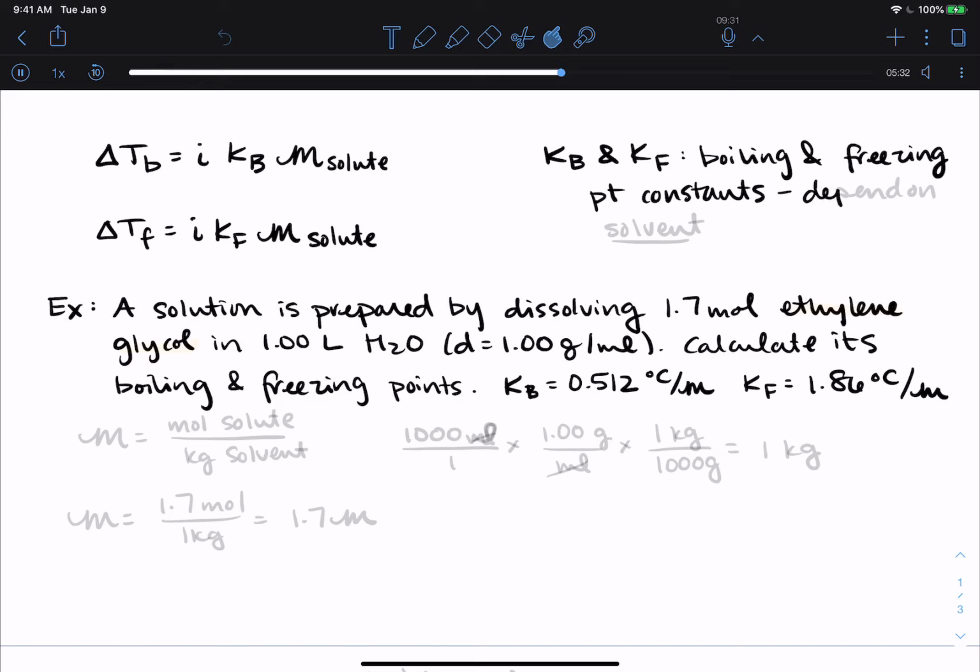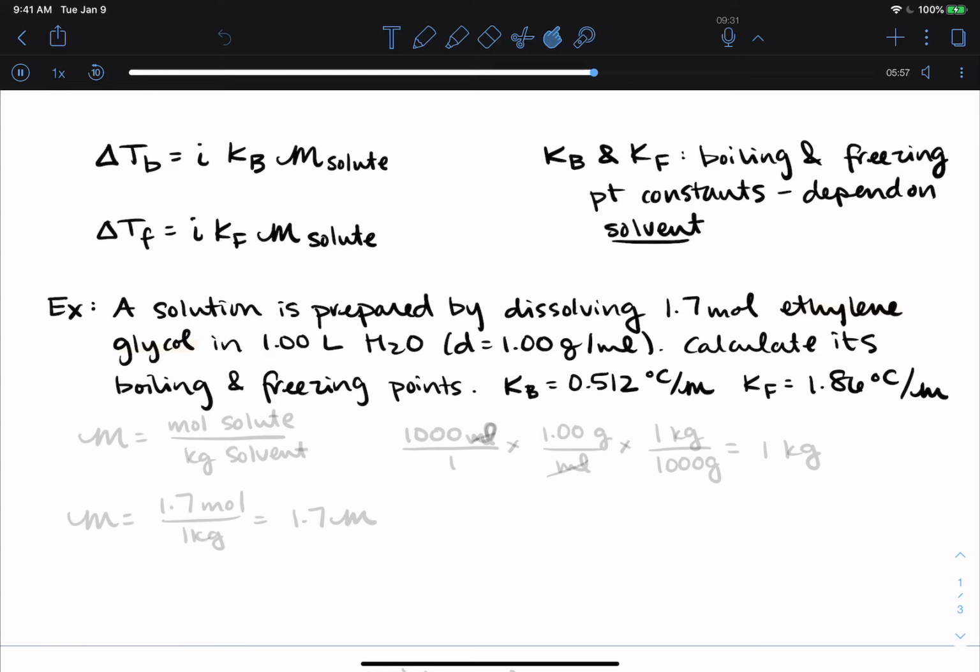These depend on the solvent. So there will be a value for water. There will be a value for any other liquid that you could possibly use as a solvent. So I do have one example that we're going to do for this.